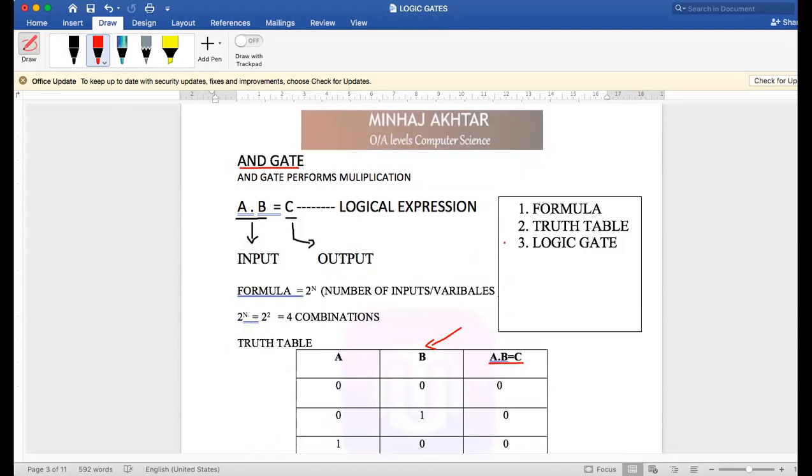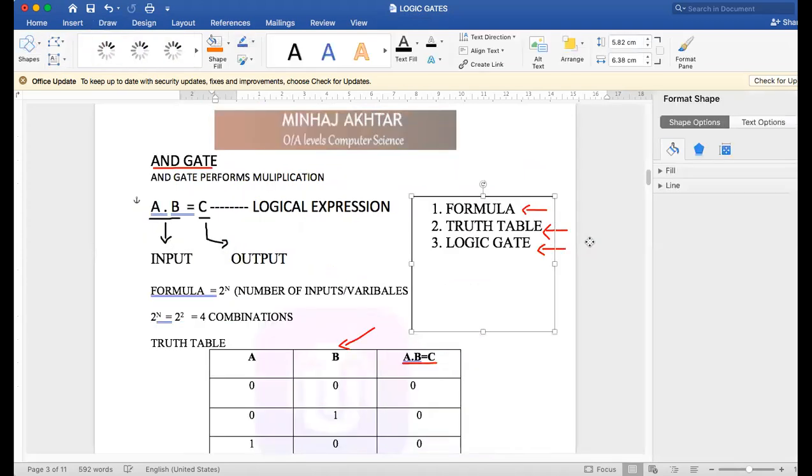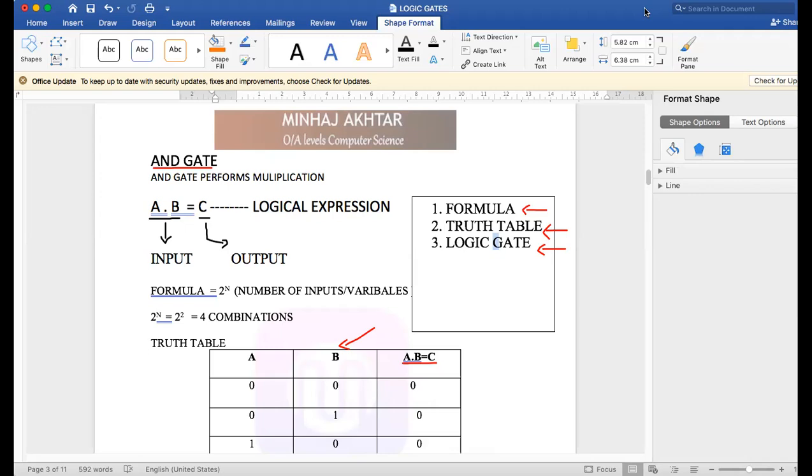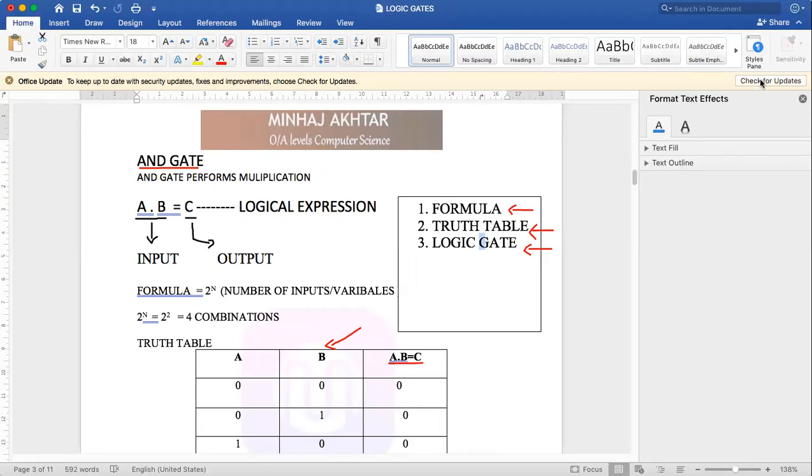We need to remember whenever we are performing any logic gate, we need to follow these 3 things. The first one is formula. The second one is truth table. And the third one is logic gate or circuit. You can say it is circuit as well, right? So we need to deal with 3 steps.